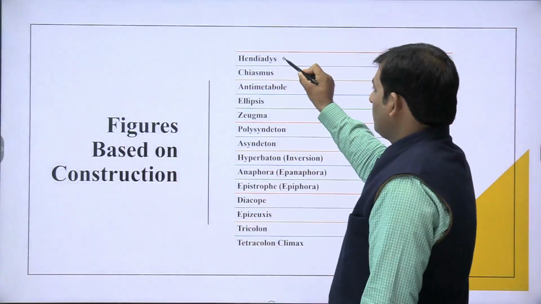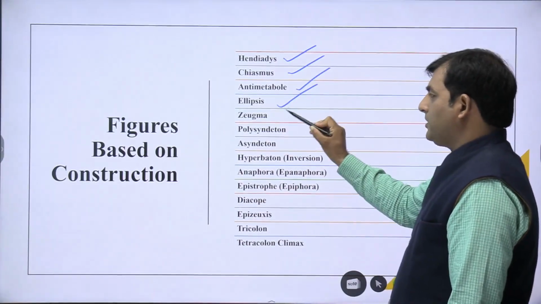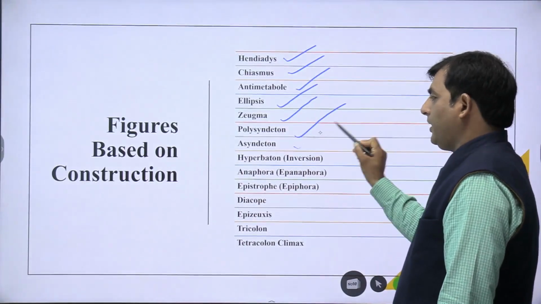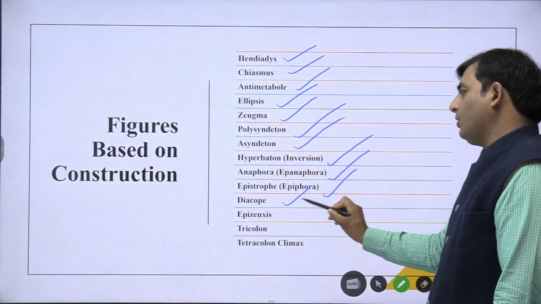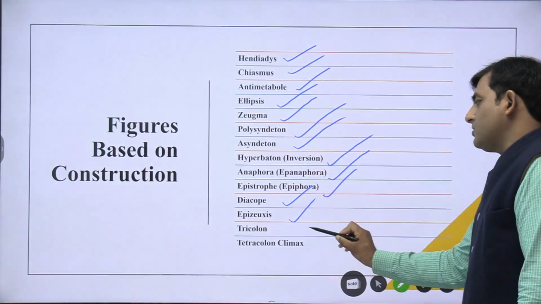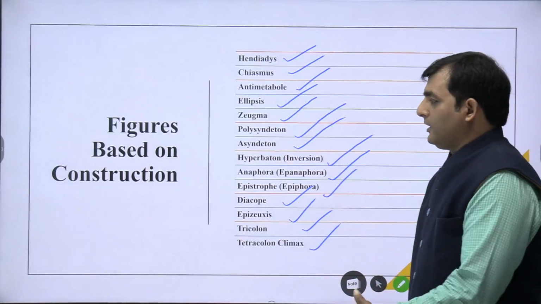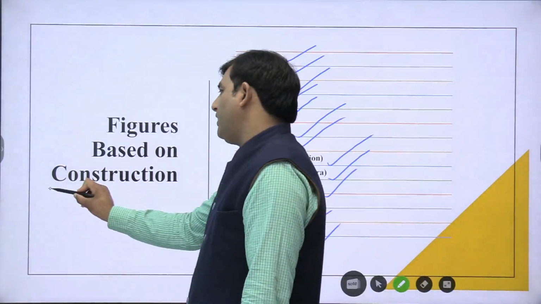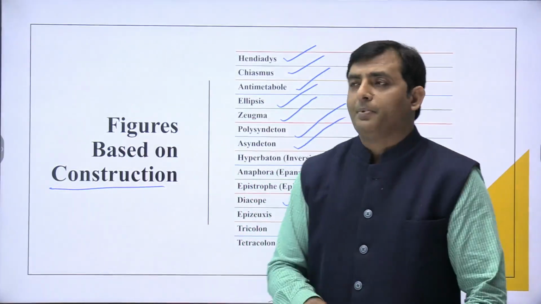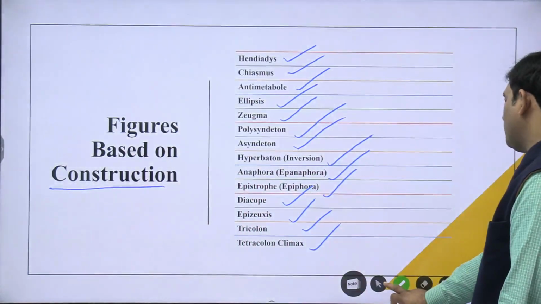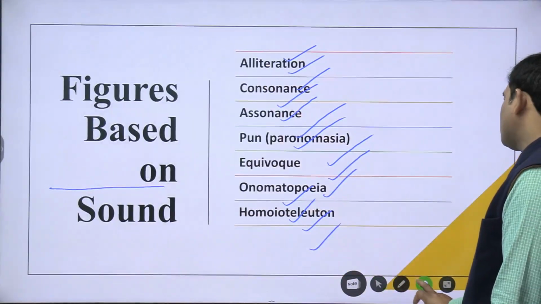Hendiadys, chiasmus, antimetabole, ellipsis, zeugma, polysyndeton, asyndeton, hyperbaton, anaphora, epistrophe, diacope, epizeuxis, tricolon, tetracolon, climax. Right? These are the figures of speech based on construction, जिनको आप स्कीम कहते हो, उस पर बेस्ड होते हैं ये figures of speech.